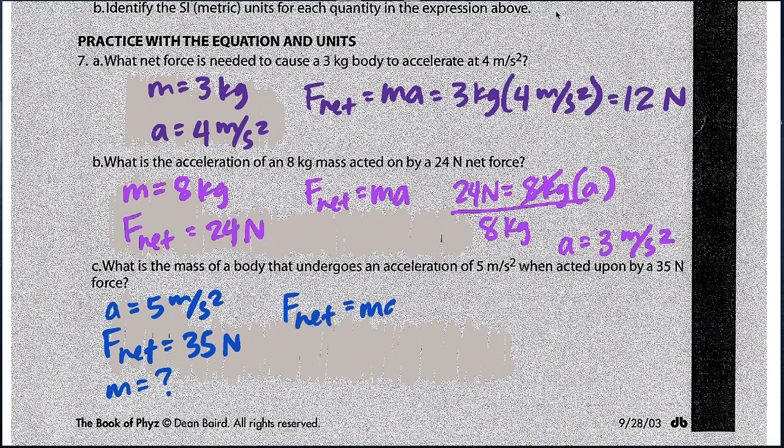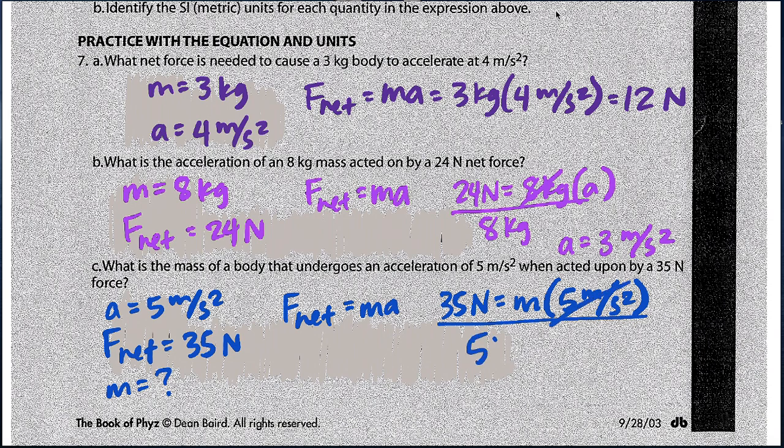F net equals ma, our second law equation. We have 35 newtons for F net. We have an unknown mass, and then we have 5 meters per second squared for acceleration. We're going to divide both sides by 5 to get the 5 off of the right side and get mass by itself, and we see that mass is 7 kilograms.